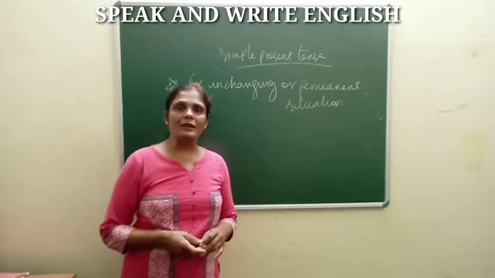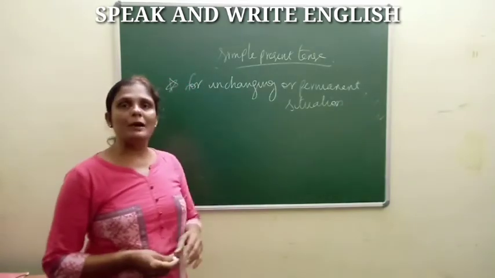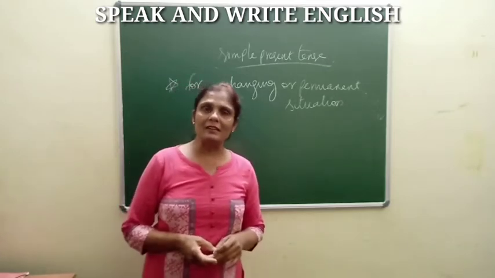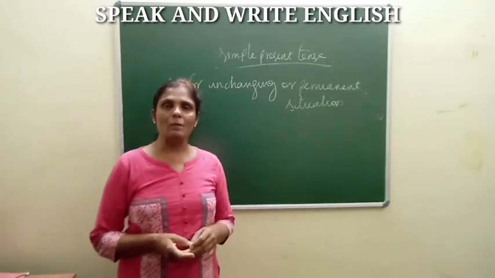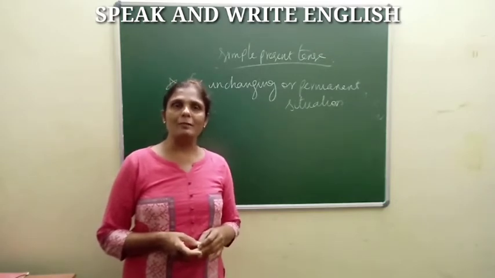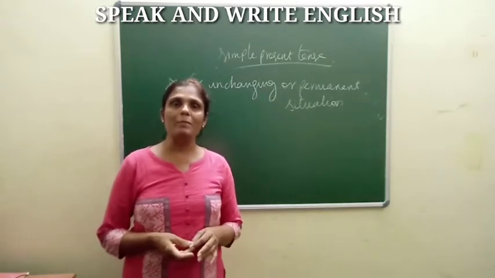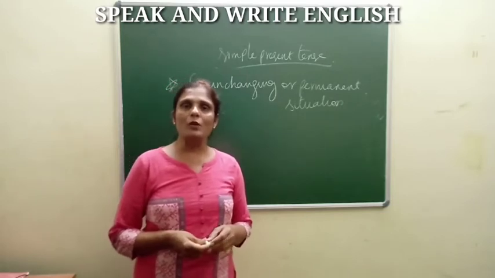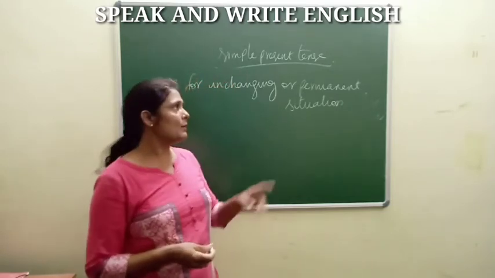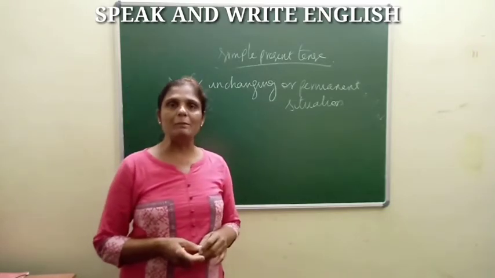Whenever we talk of an unchanging or a permanent situation, we make use of the simple present tense. For example, you are in a job, you are working in Bangalore. So that will not be for a temporary basis, that will be mostly on a permanent basis. So whenever we are going to do it on a permanent basis for a longer period of time, we make use of the simple present tense.